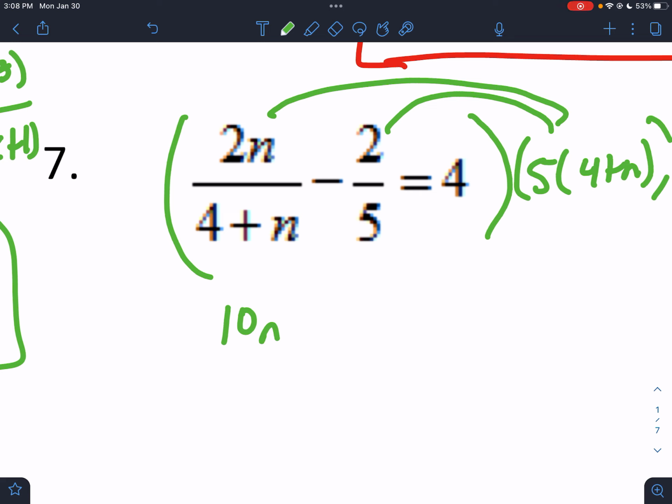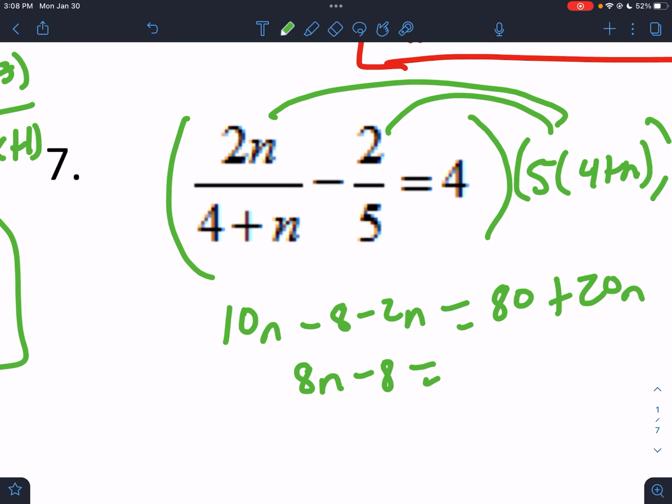The 5's cancel out, but I have 4 plus n, so that'd be minus 8 minus 2n equals, nothing cancels out. That's going to be 20 times 4, 80, and then 20 times n, 20n. All right, so this would be 8n minus 8 equals 80 plus 20n.